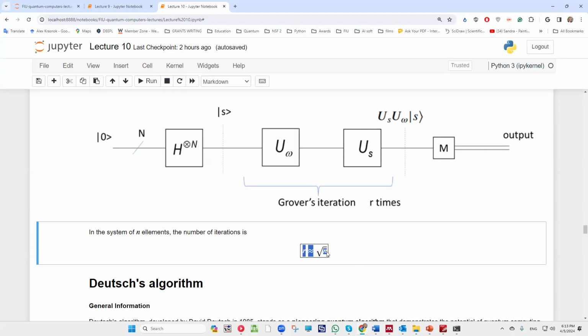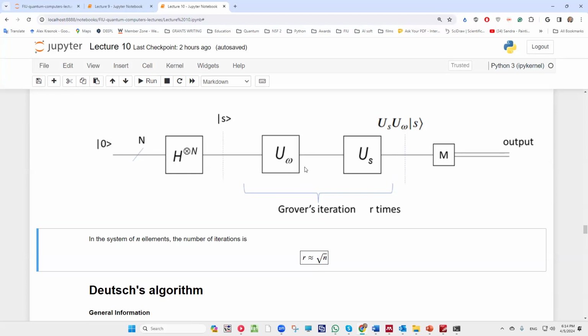So R must be slightly less. In fact, this formula also contains a prefactor which is less than 1. So this number of iterations is slightly less than the square root of N. Basically, you need to round this number down to the lower digit.